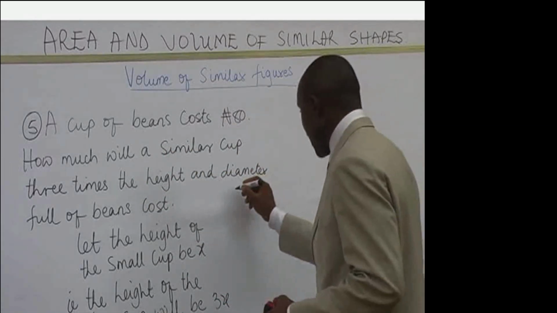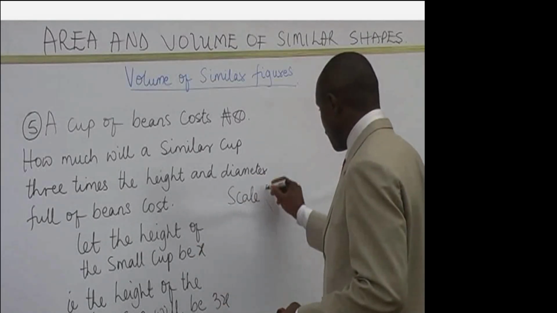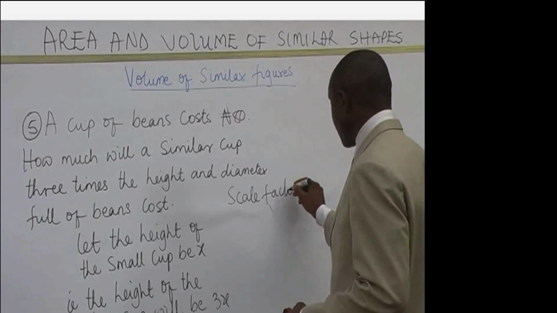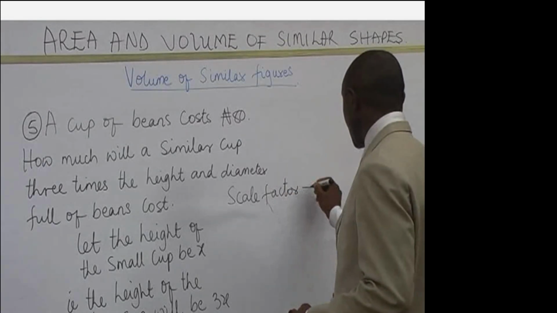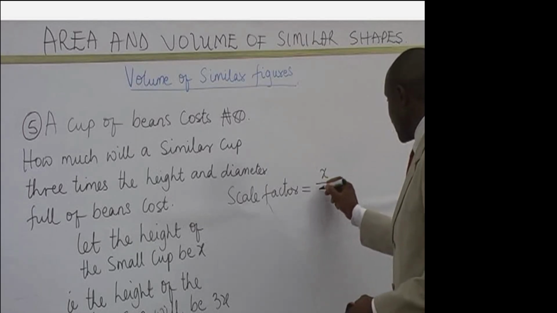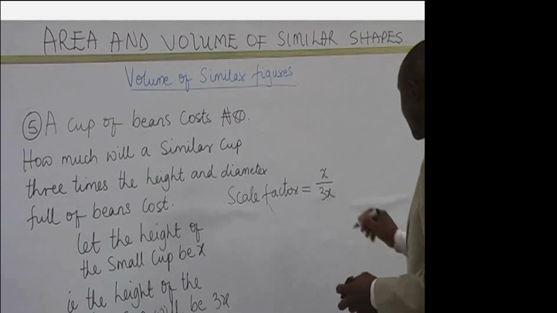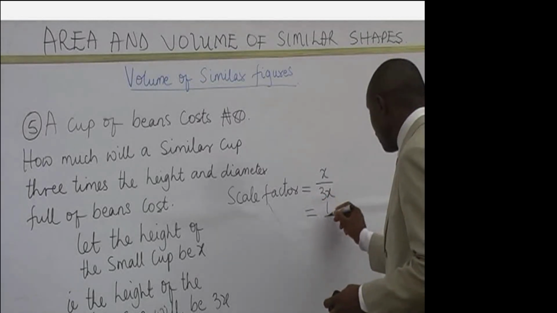Now the scale factor is equal to x all over 3x. And x all over 3x is the same as 1 all over 3.